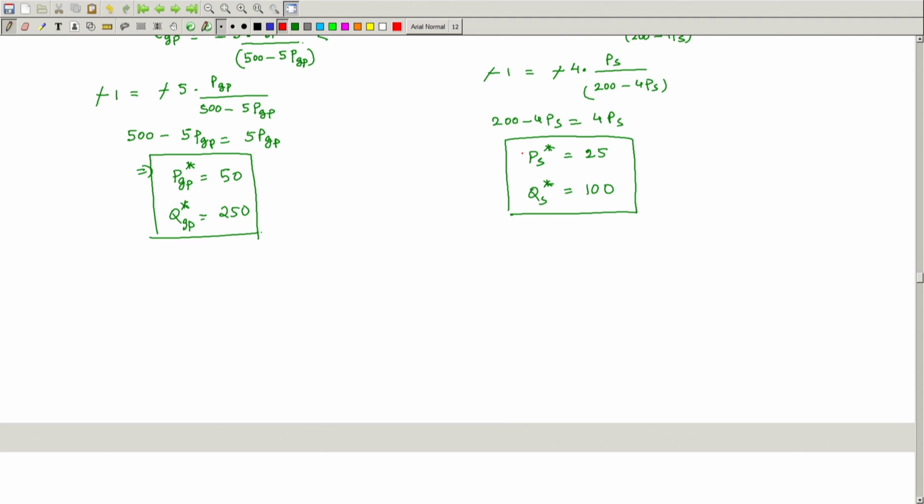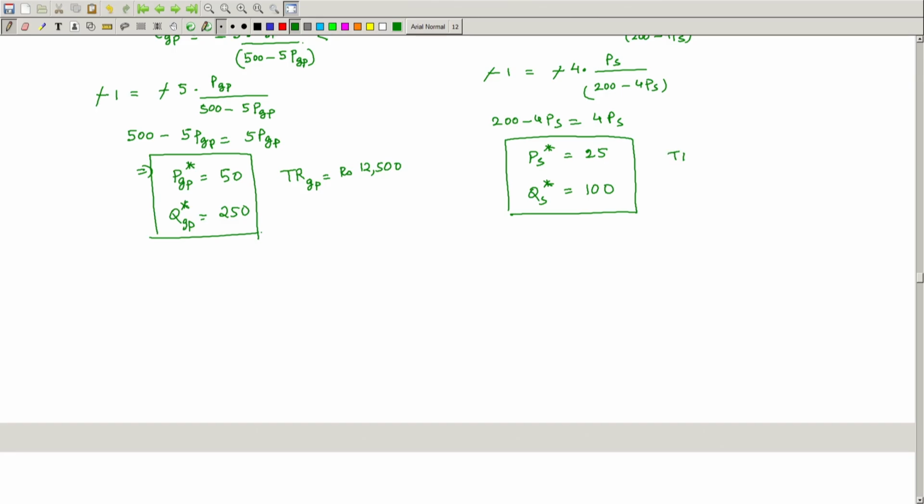And if I compute the total revenue with respect to the general public group, I am charging 50 rupees per ticket to each one of these individuals and I am selling 250 tickets. So, 50 times 250, so that is 12,500.